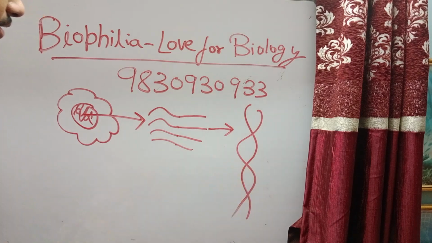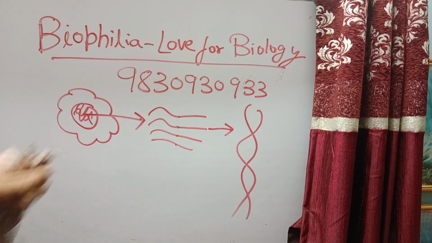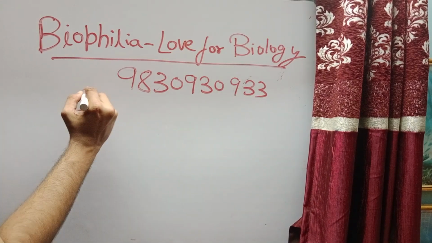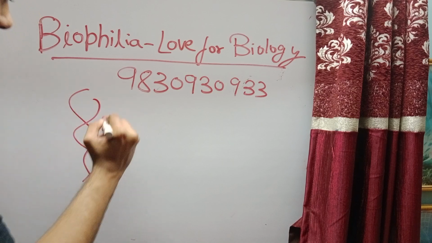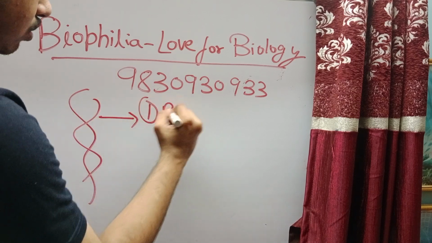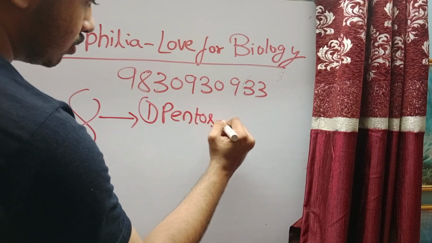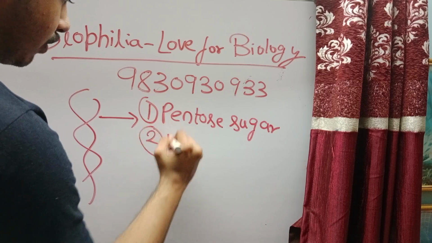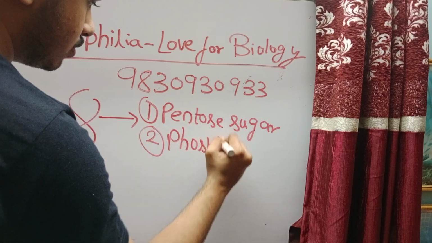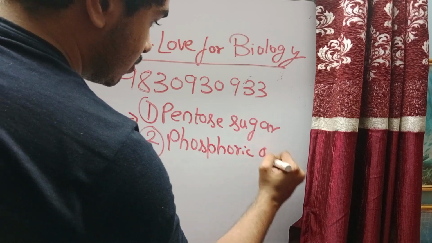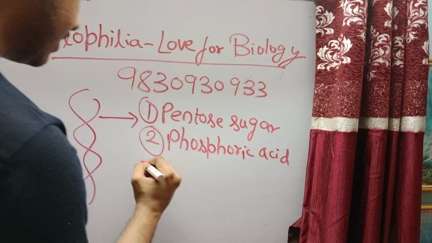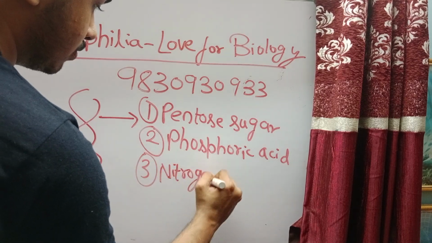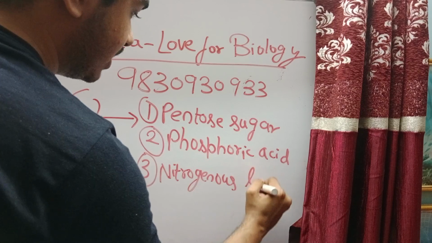DNA is made up of majorly three things. A DNA is made up of pentose sugar, phosphoric acid, and nitrogenous bases.